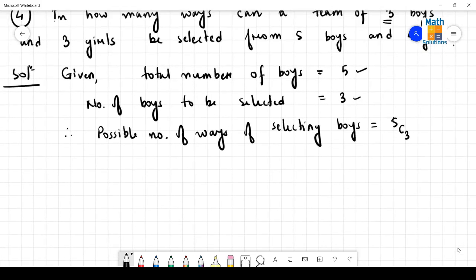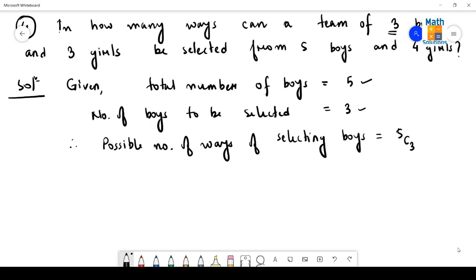At the same time, 'and' is given, so of course whatever result we are going to get next should be multiplied with this possible number of ways of selecting boys. So again, what do we have? Total number of girls is equal to, how many do we have? 4 girls.